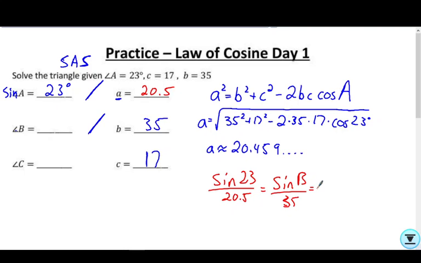And now we just do our cross multiplying with our law of sines. So B equals sine inverse of 35 times the sine of 23 over 20.5.